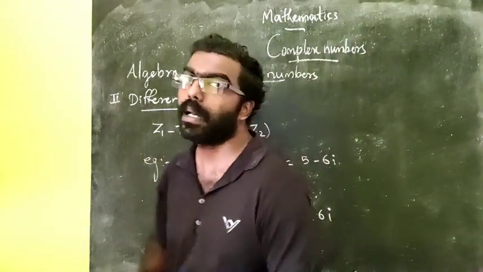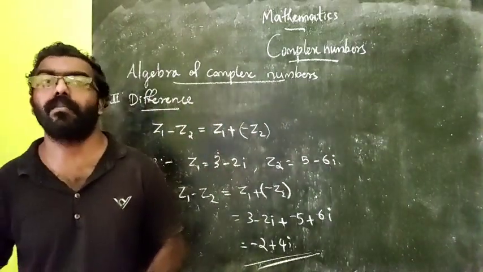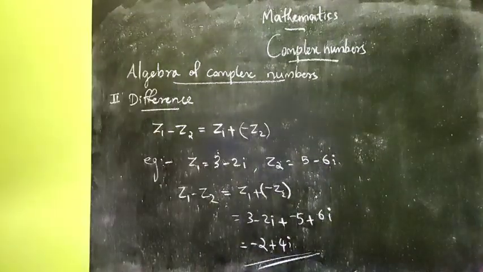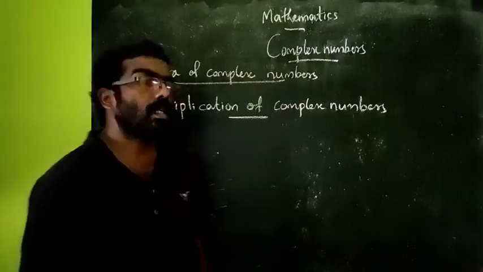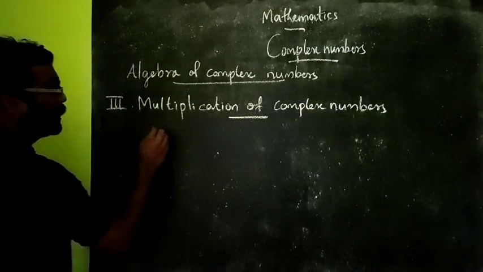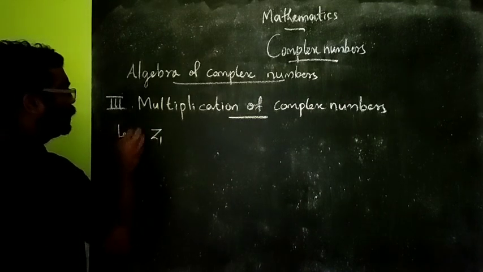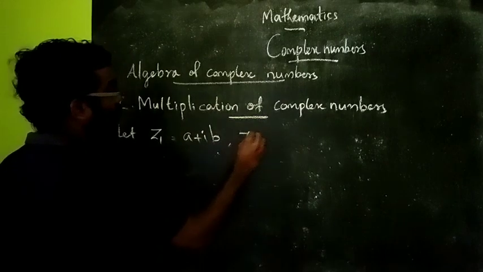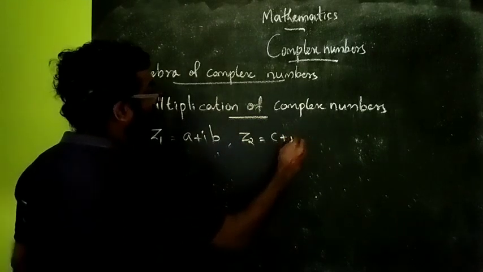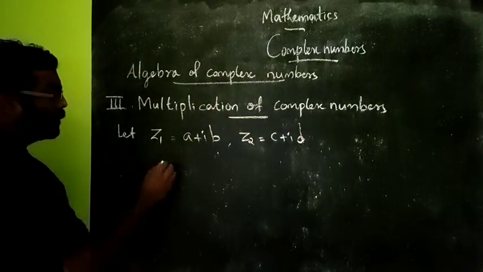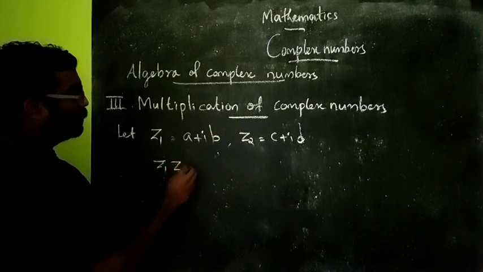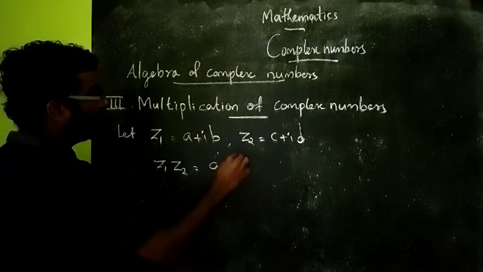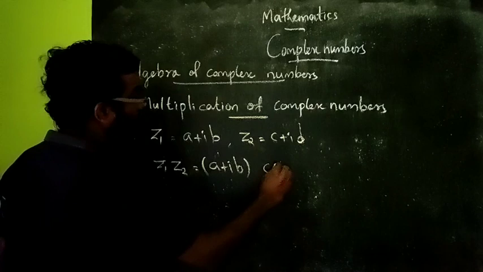Now we can discuss multiplication of two complex numbers. Let us consider two complex numbers z1 and z2. z1 is equal to a plus ib, z2 is equal to c plus id. Now find the product z1 z2. It is equal to a plus ib into c plus id.